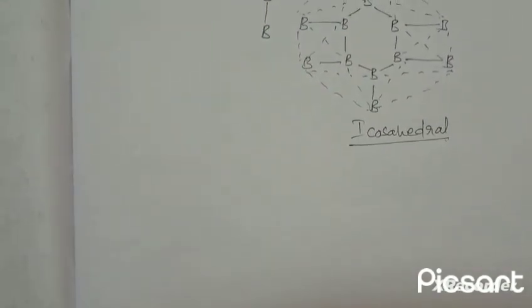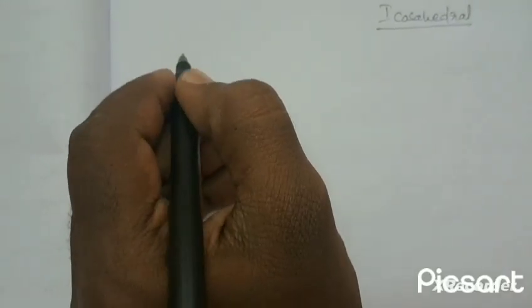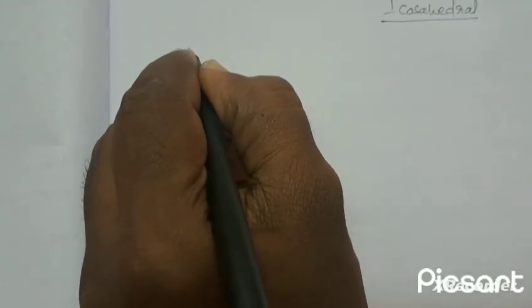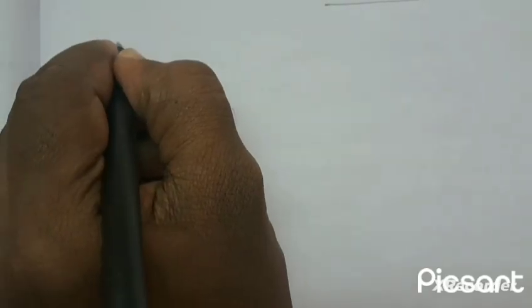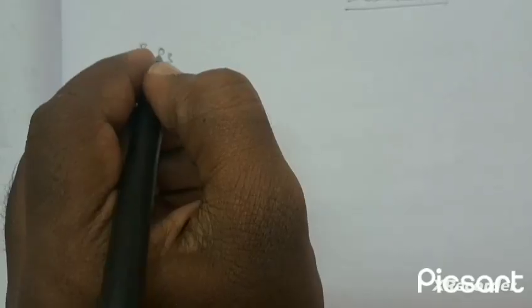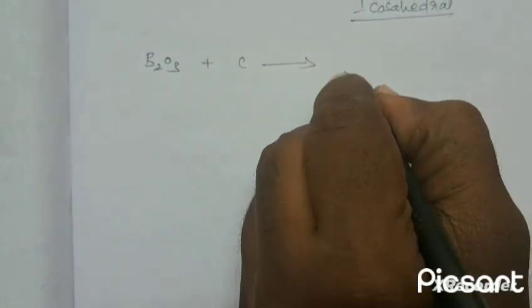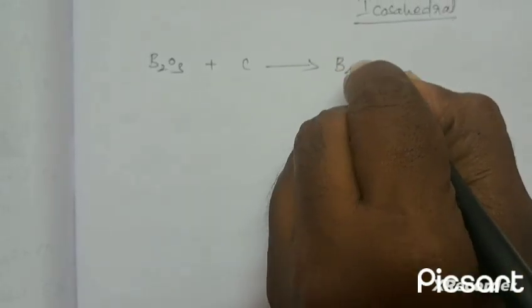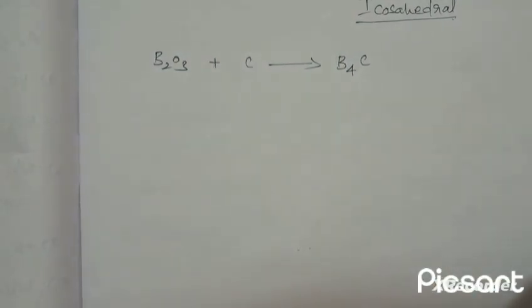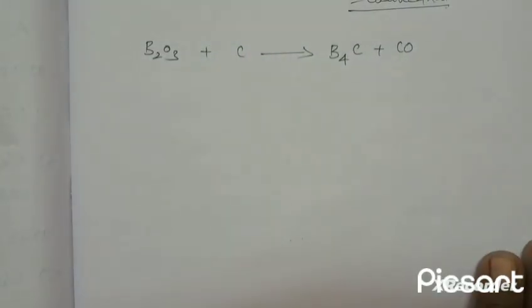To analyze the answer, we have to see what chemical reactions boron undergoes. So B2O3, when it reacts with carbon, forms B4C along with carbon monoxide.